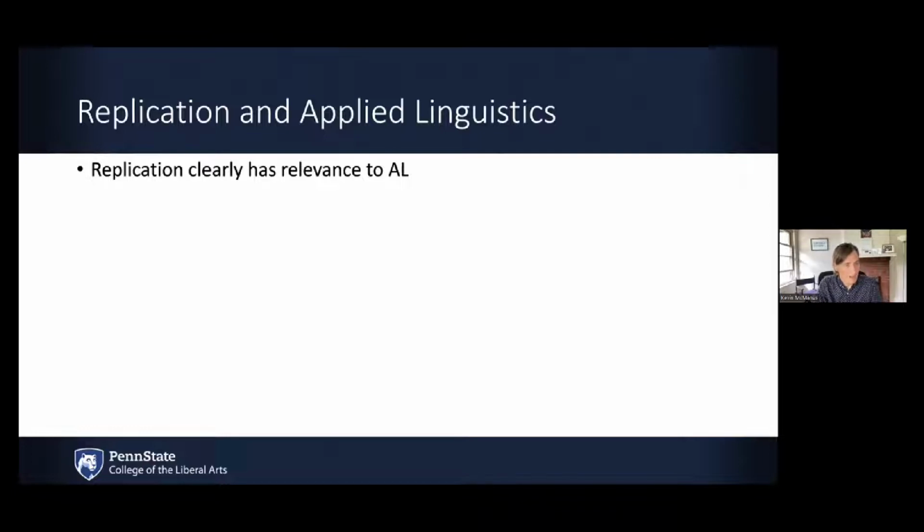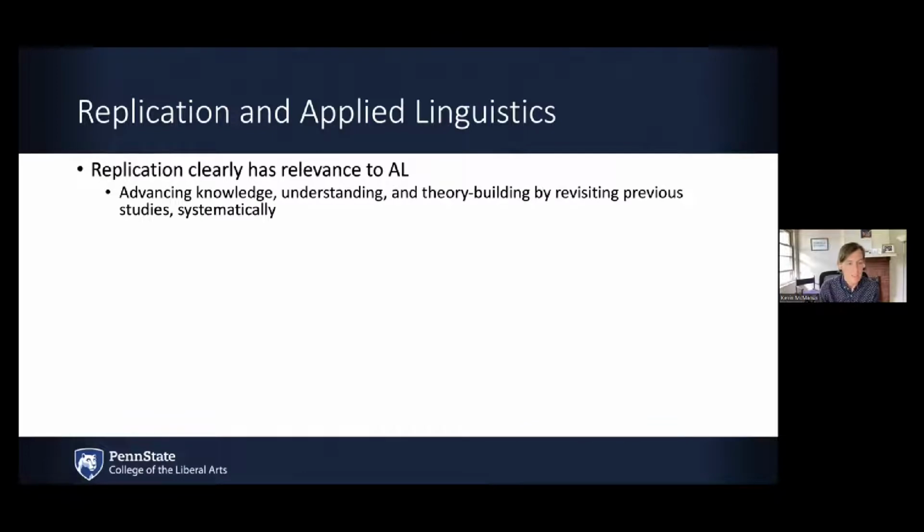And I certainly think, and I think our field thinks so as well, that replication is clearly relevant to what we do. It's clearly relevant because we are interested in building theories, advancing knowledge in the field of applied linguistics, understanding and theory building.